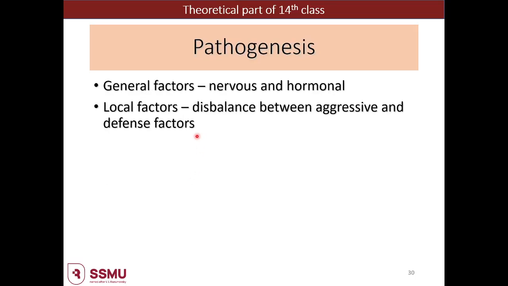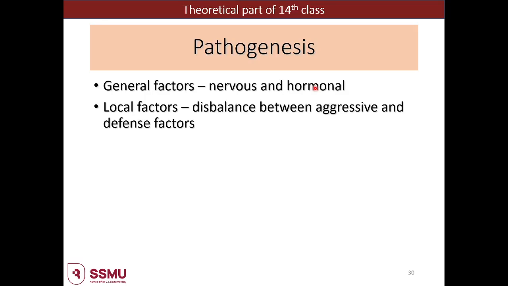Pathogenesis of ulcer disease is associated with some nervous factors, and we have already discussed it, a few words about vagus, and I think you can tell about it on exam. And hormonal regulation. Hormonal regulation is also associated with hormones of stress.